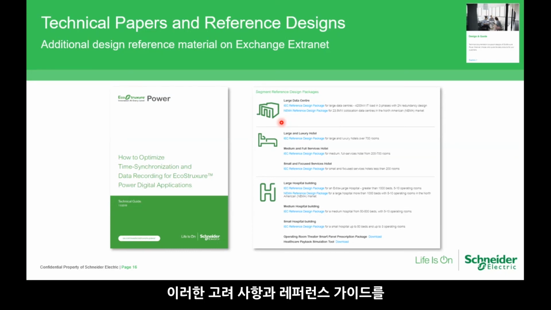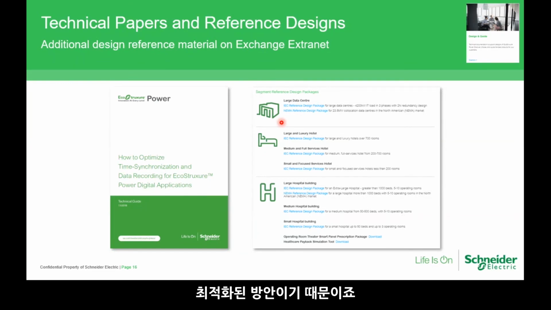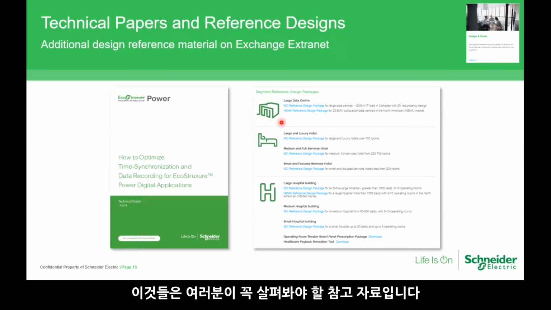All right. So look into all these considerations, reference guides. The whole idea of these reference guides is basically to simplify the deployment in all these segments that I mentioned earlier. If they bring value to you, definitely when you bid for the projects, you will be very competitive because you are really optimizing it. So these are some of the references that you should leverage.